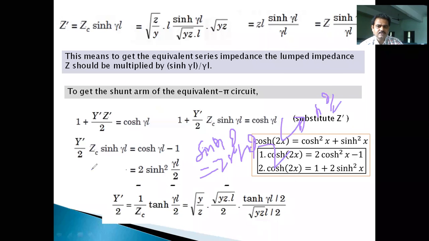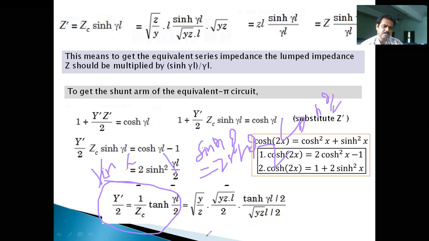So here if we write sinh into cosh, sinh gets cancelled. So you will have sinh divided by cosh. So finally you will get y dash by 2 is equal to 1 by Zc sinh gamma l by 2, and square root of y by z.